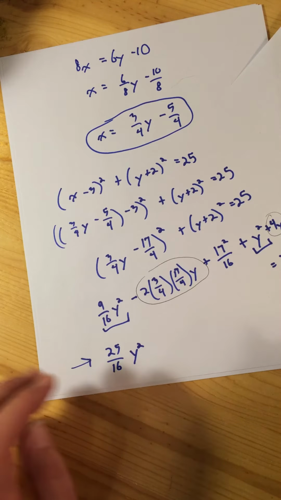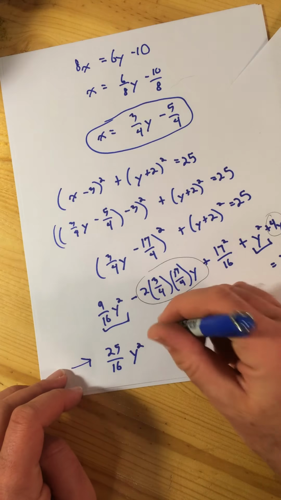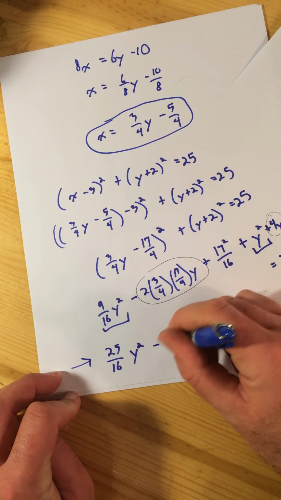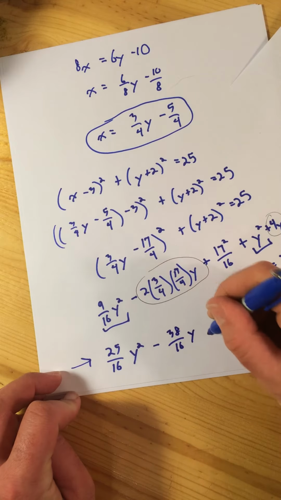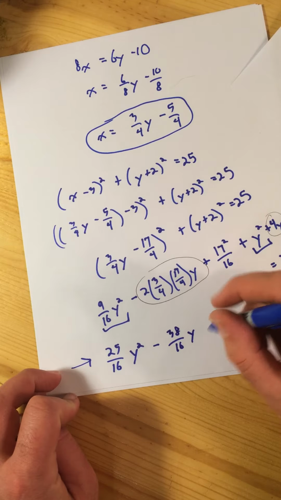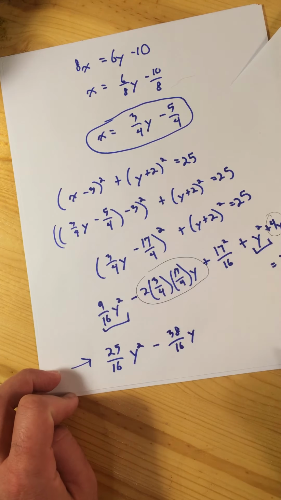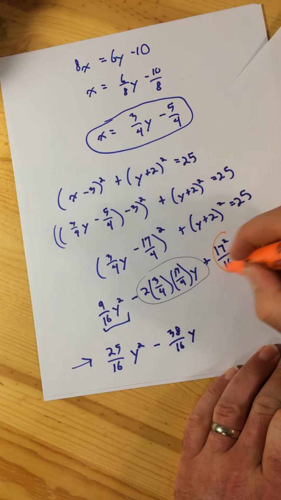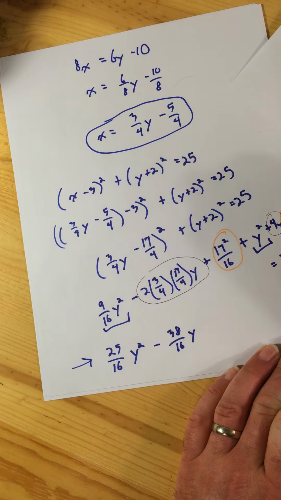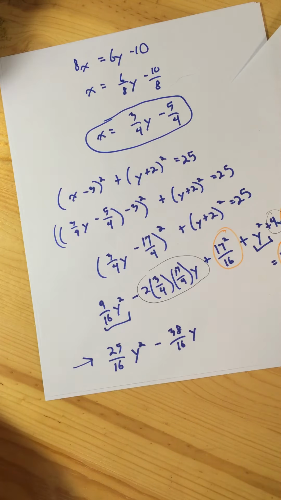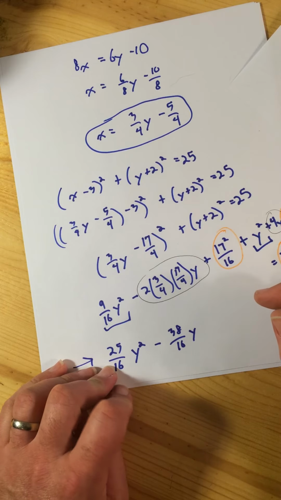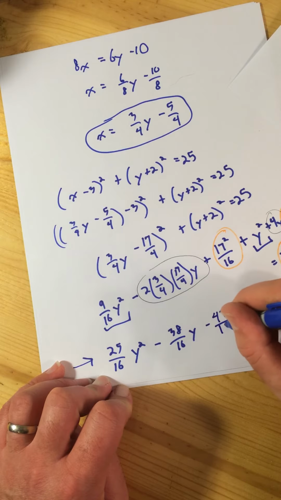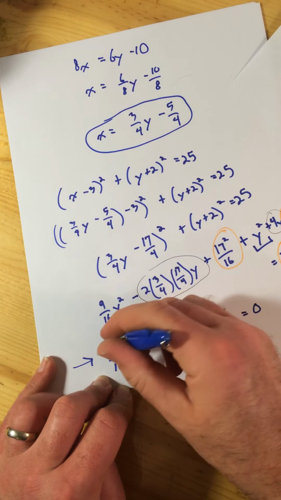If you combine those together, again I'll save you the arithmetic, you should get 38 over 16 times y. It'll be negative. And then your last constant term here, we've got this 17 squared over 16. We've got a 4, and we'll be subtracting 25 from both sides. If you collect up those like terms, and check me on this, you should get minus 47 over 16. So all that's going to be equal to 0.